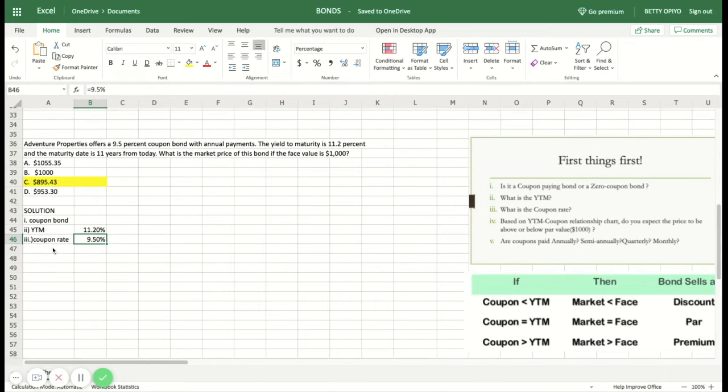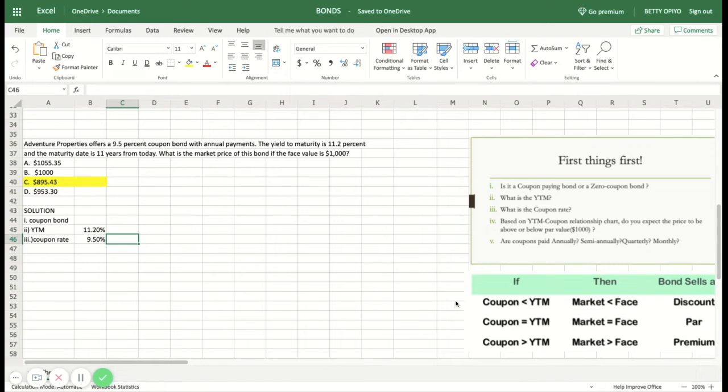That's fine. All right. The fourth thing that we need to determine, based on the YTM coupon relationship chart below here, is: do you expect the price to be above or below the par value? As I mentioned before, to answer that question, you first need to compare the YTM and the coupon rate and see which one is bigger.